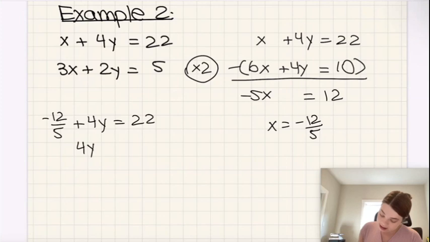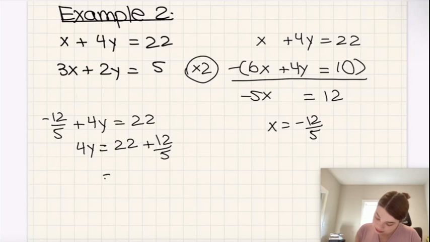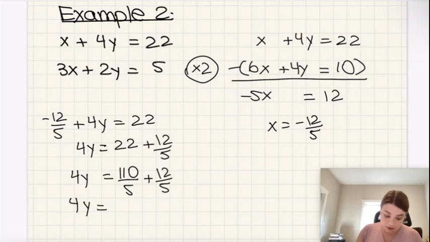That means 4y is equal to 22 plus 12 over 5, if we add 12 over 5 to both sides. Then I'm going to get these denominators to be the same to add them. So 22 times 5 is 110. Therefore, 22 is the same as 110 over 5. And then, of course, we have our plus 12 over 5. That means 4y is going to be 122 over 5.